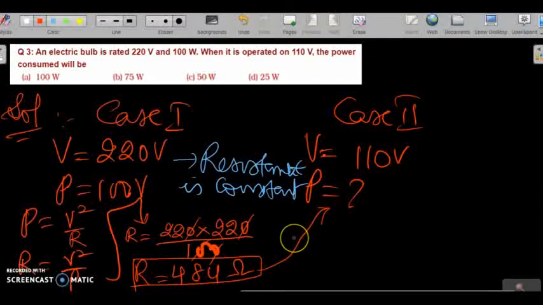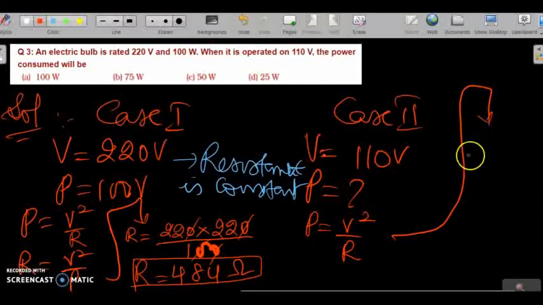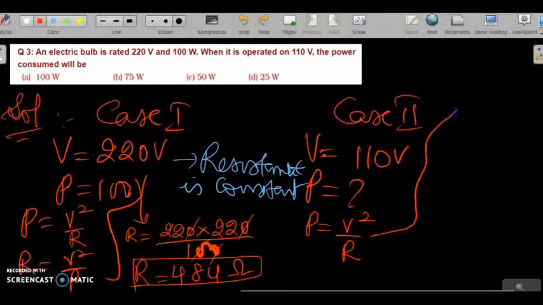Right. Now this 484 ohm we'll employ here, and get the value of P. So P is equal to V square by R. What is V there? 110 times 110, V square, divided by R. What is R? We have calculated 484.